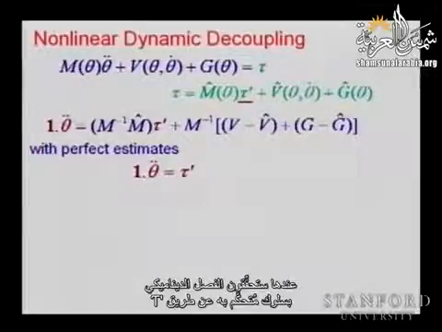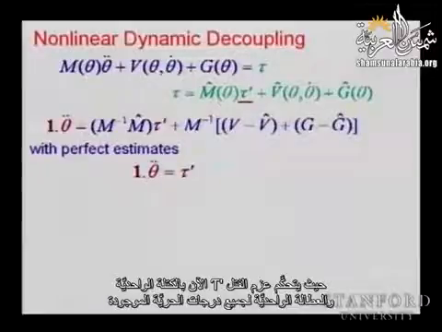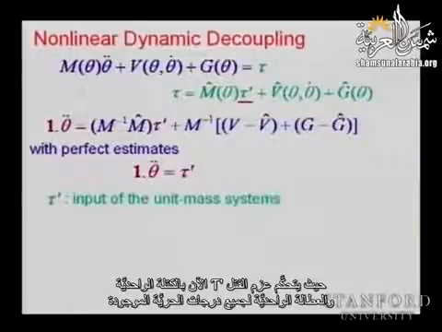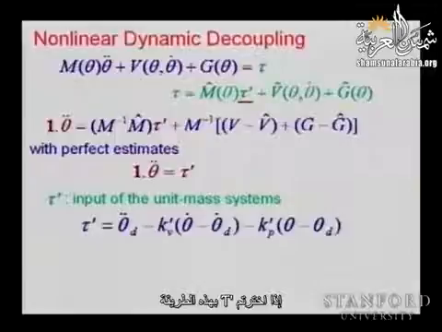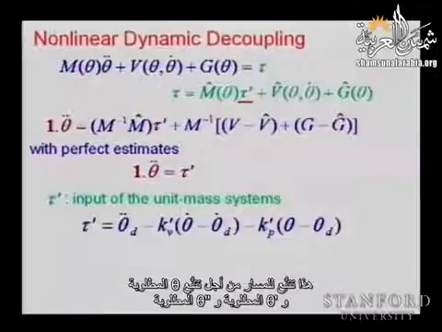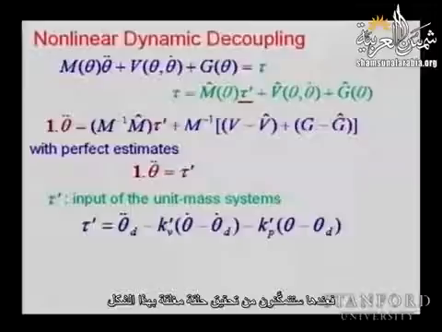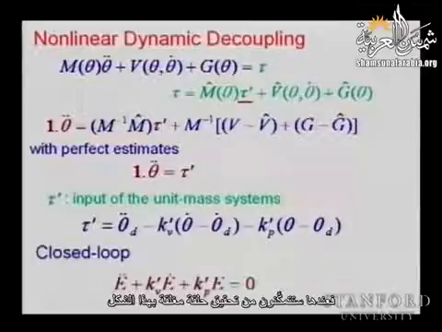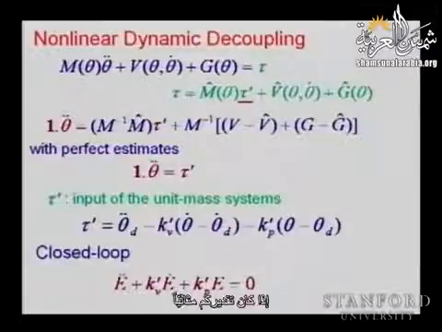Then you achieve dynamic decoupling with a behavior that is controlled by torque prime, and torque prime is now controlling the unit mass, unit inertia of all your degrees of freedom. So if you select your torque prime to track theta desired, theta dot desired, and theta double dot desired, then you are going to achieve a closed loop in this form, if you have perfect estimates.